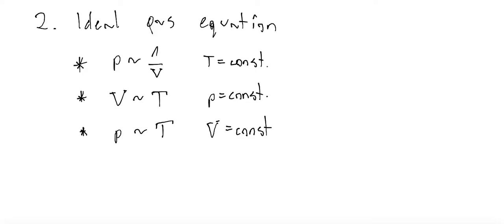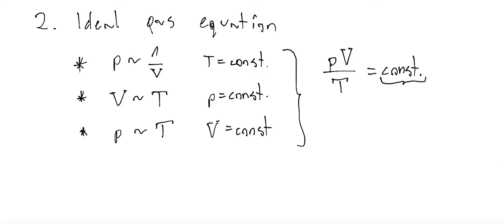Combining these three laws together, you can write that P times V over T is constant. PV over T is constant. This is the combination of these three laws. And what is this constant? This constant depends on the number of moles of the gas.